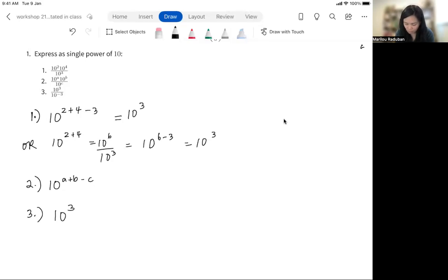You have 3 minus negative 3. Don't forget to include the negative signs of the exponents, like the exponent of the denominator there. So you should have 10 exponent 6 for answer number 3.